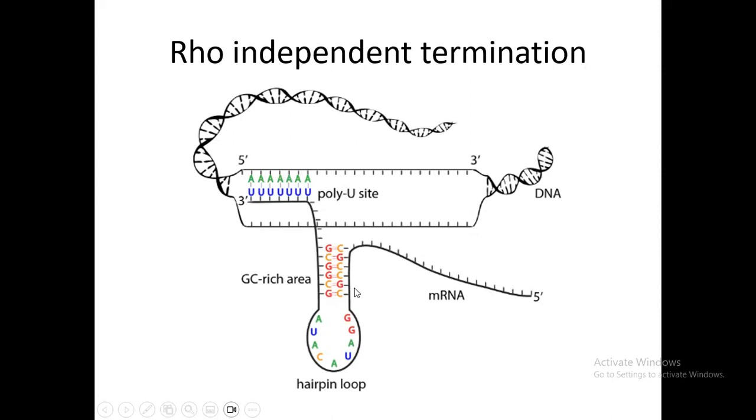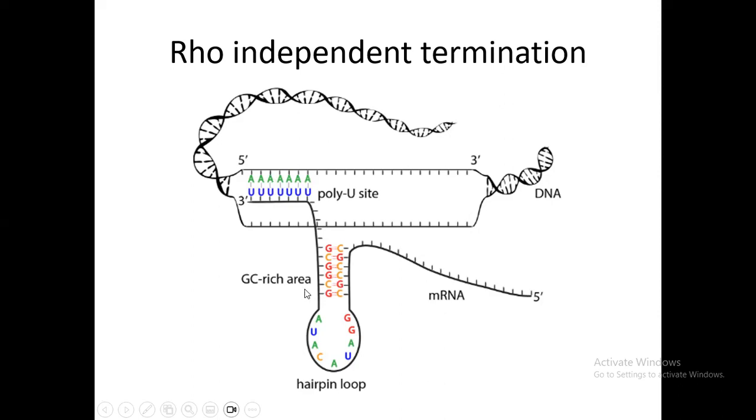So a combination of these two types of structures, firstly, formation of a stem loop-like structure that decreases the stability between RNA and DNA hybrid, which is immediately followed by a stretch of double bonded sequences, further decreases the stability between DNA RNA hybrid, and as a result, the RNA simply falls off or loses its association with the DNA.